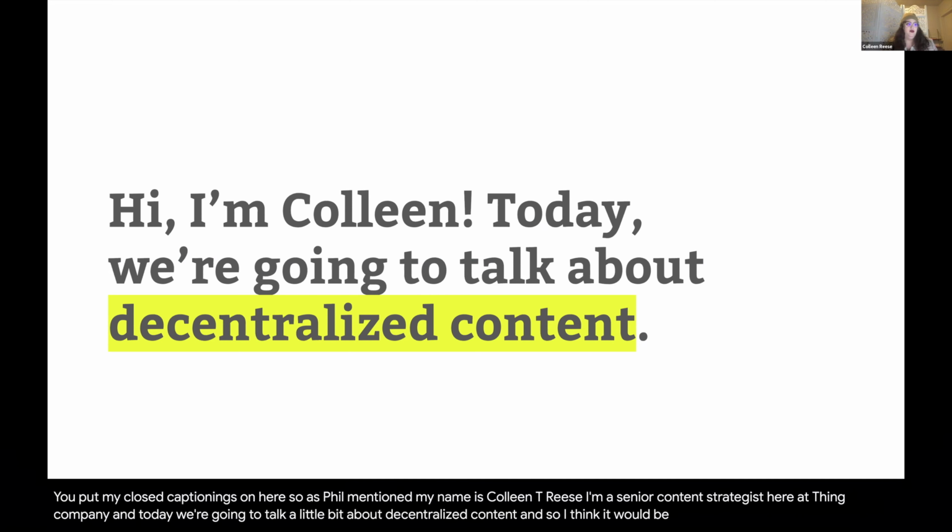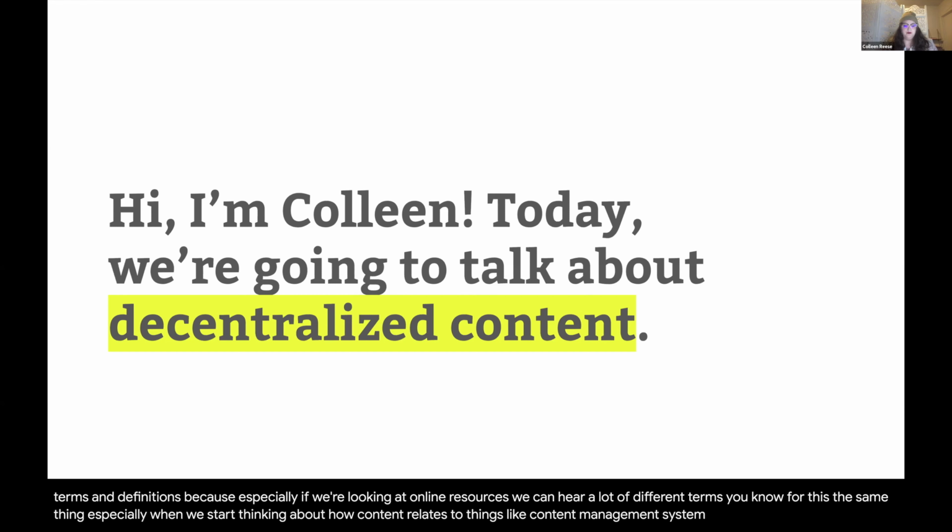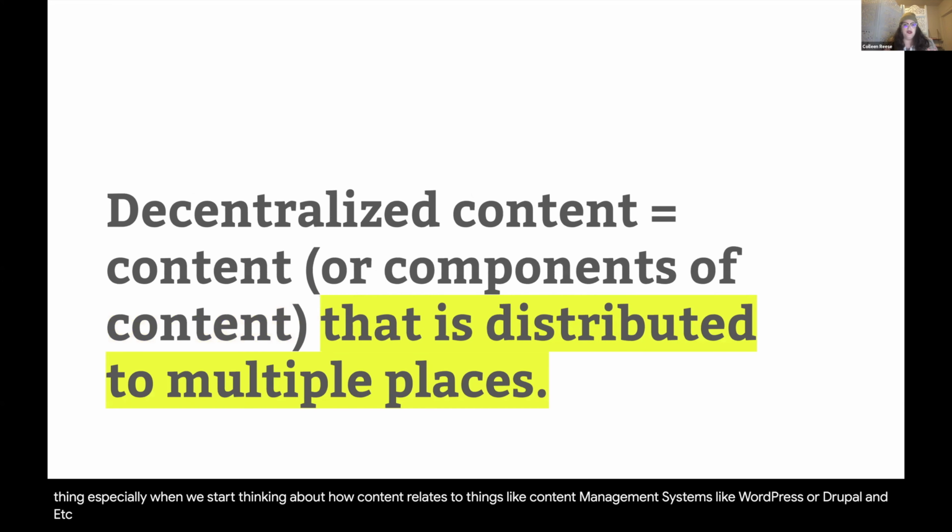I think it would be helpful if we started with a little bit of terms and definitions, because especially if we're looking at online resources, we can hear a lot of different terms for the same thing, especially when we start thinking about how content relates to things like content management systems, like WordPress or Drupal, etc. So, put short, decentralized content is really when content or components of content are distributed in multiple places.